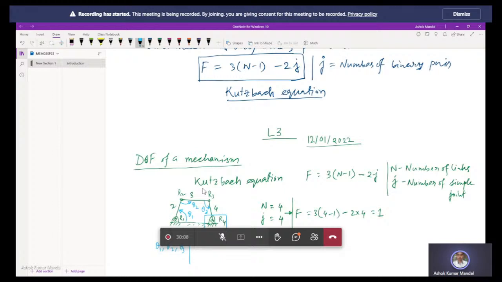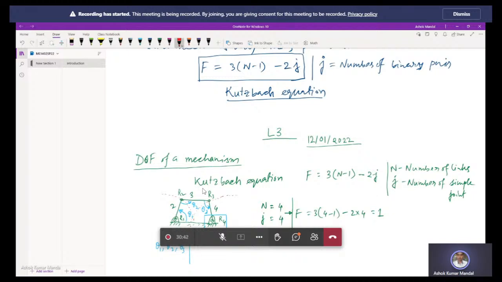The length of L2 is known to you, and this length is also known to you. So at any instant of time, since the lengths of these links are known, you can draw this kind of circles.